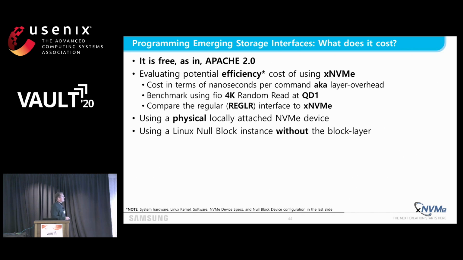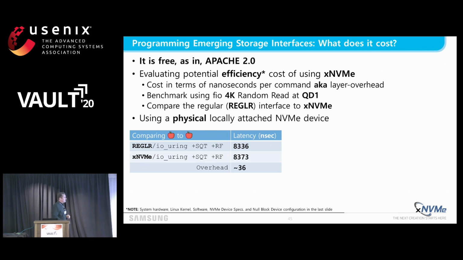And I did this looking at a physical, locally attached NVMe device, and using a Linux null block instance without the block layer. So this was to see how this fares on what is available today in terms of your block storage device, and what the overhead is where you are not using NVMe but just want to submit any kind of command.